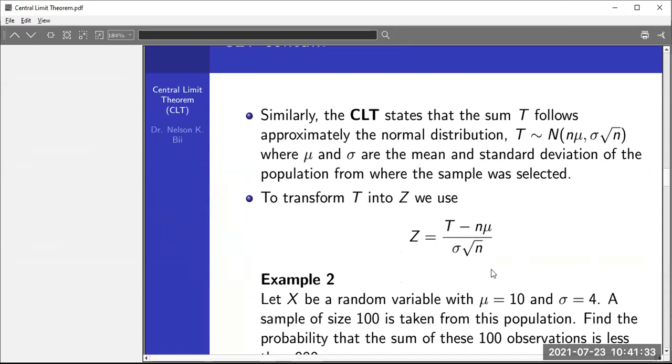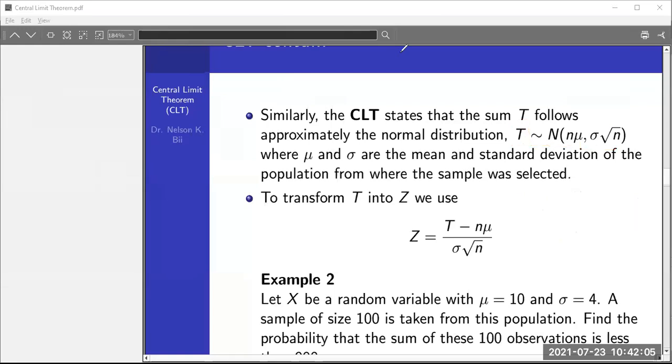If this is what T is and we want to standardize, then Z equals T minus n mu, that's the mean, divided by the standard deviation of the total, given by sigma times the square root of n. So again, this is standard normal, which means mean 0, standard deviation 1.